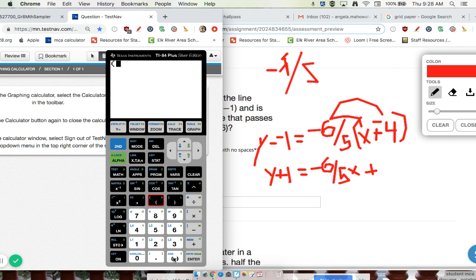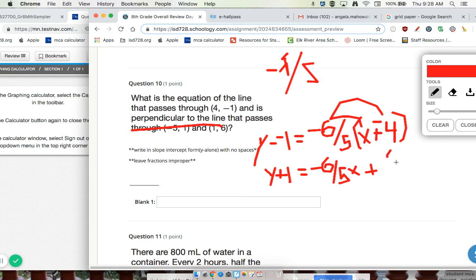Don't forget to use the dash: (-6/5) times -4. You don't need parentheses since it's not a fraction. And that's 4.8, and I just want to keep it as a fraction, so I'm going to go math, slide to a fraction, and that's 24/5.